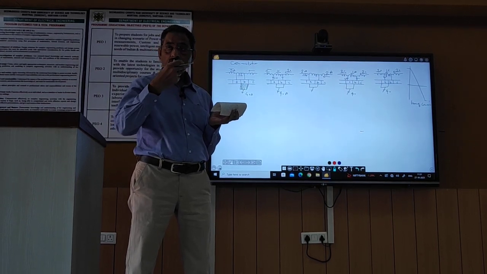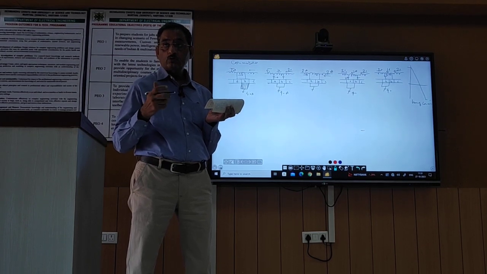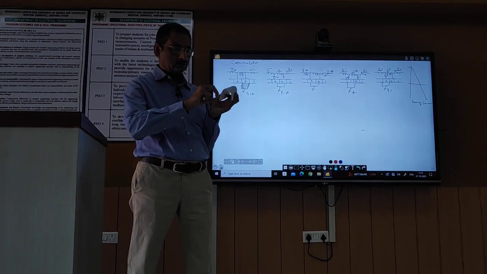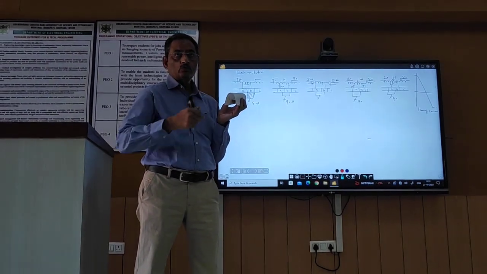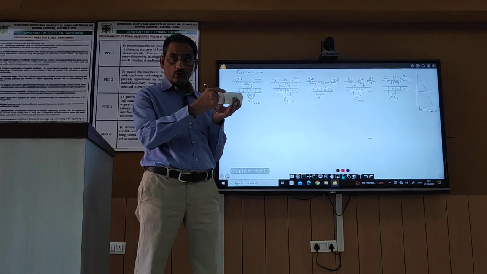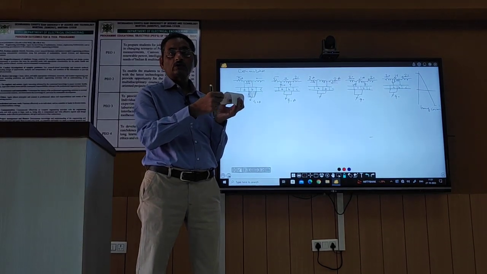There is a commutator, and what is the commutator? The commutator is like a slip ring, divided with the help of insulators. As the number of conductor slots, accordingly there will be that number of commutator segments.